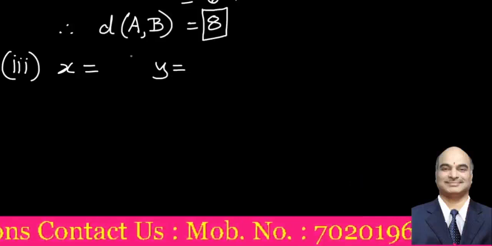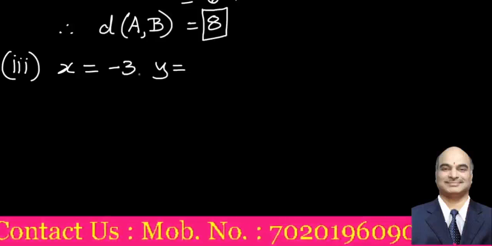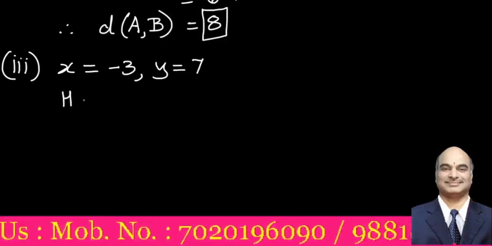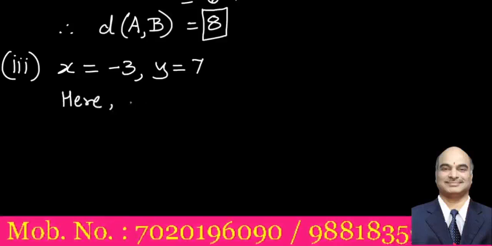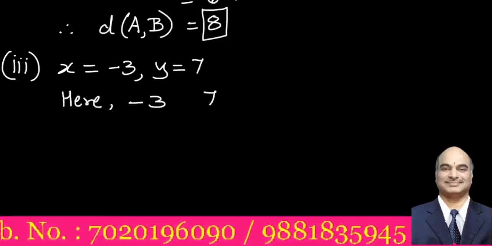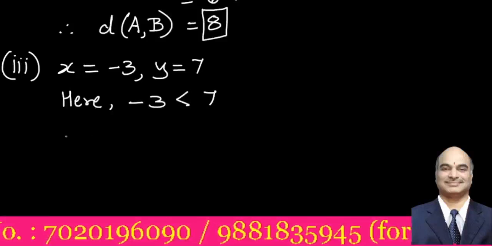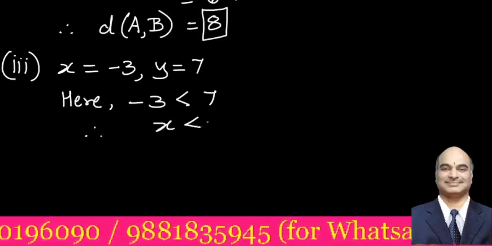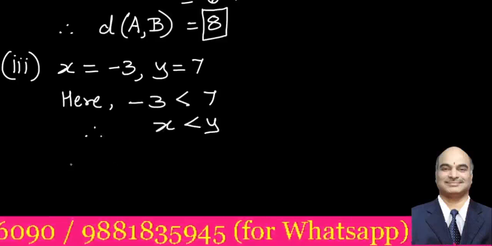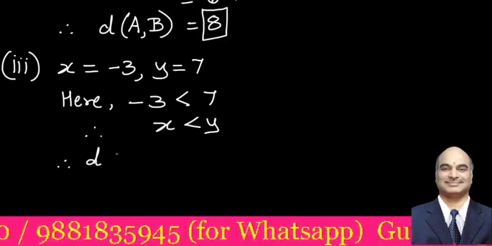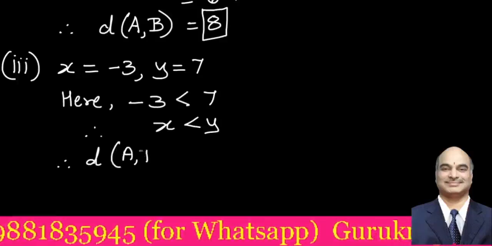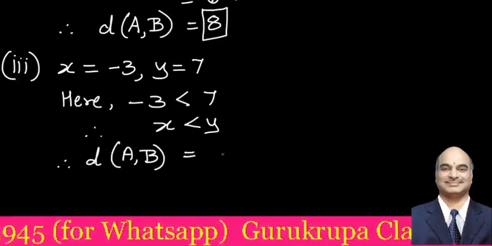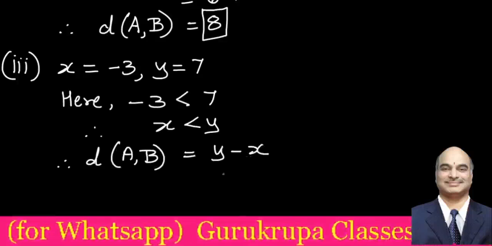Now if we compare the numbers, minus 3 and 7, a negative number is always less. So therefore, x is less than y. Therefore, distance AB is equal to the greater number y minus the smaller number x, y minus x.